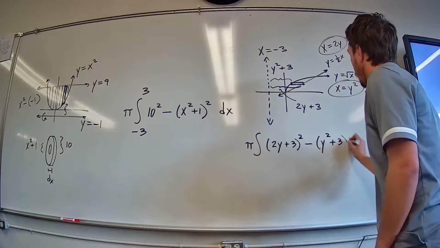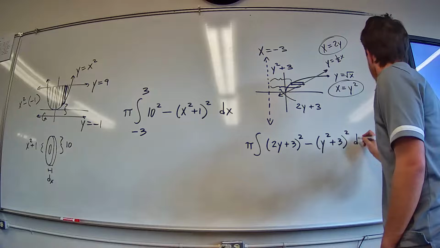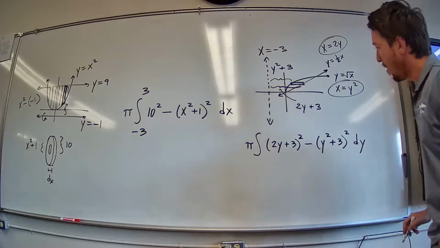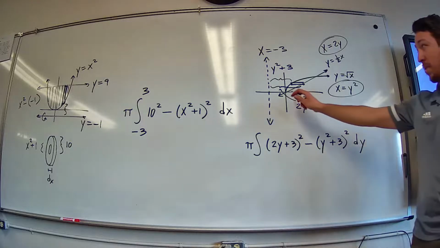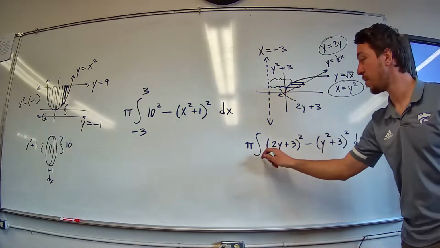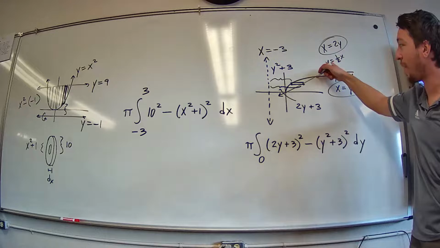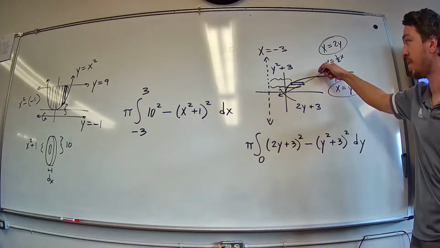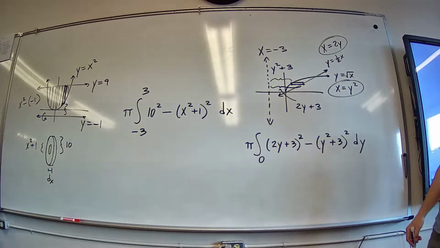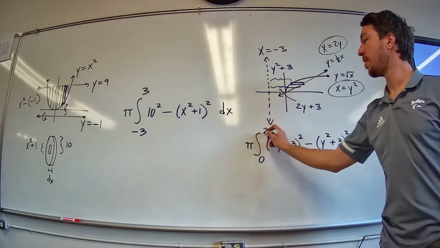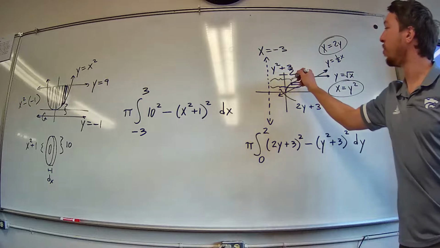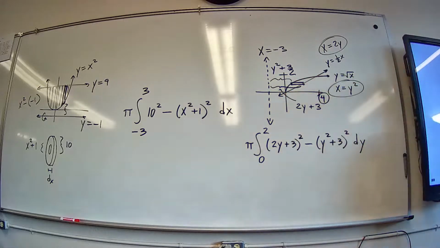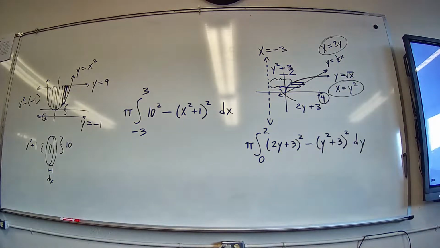This would be a pain in the bottom to integrate. What are the bounds though? 0 up to the y value where those cross. 4. Or just 2. Yeah, 2, because they cross at (4, 2). You need the y value where they're crossing. So the final answer to this one is I think E.